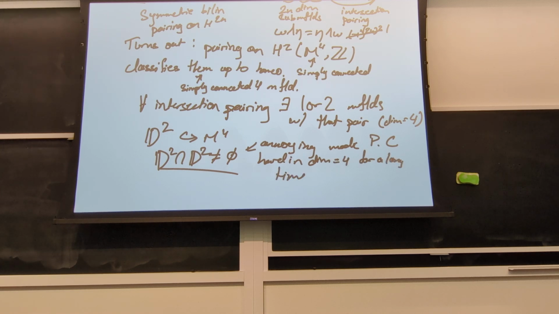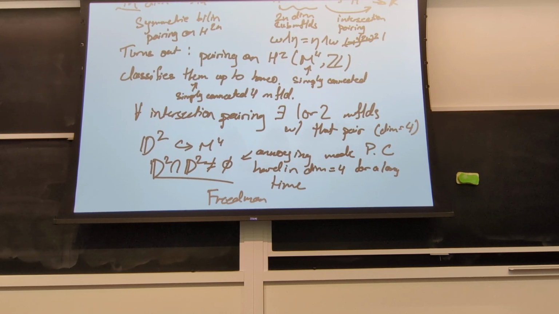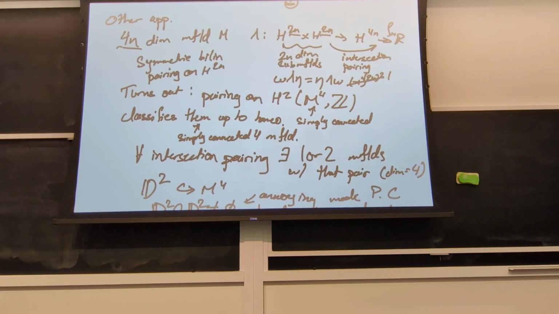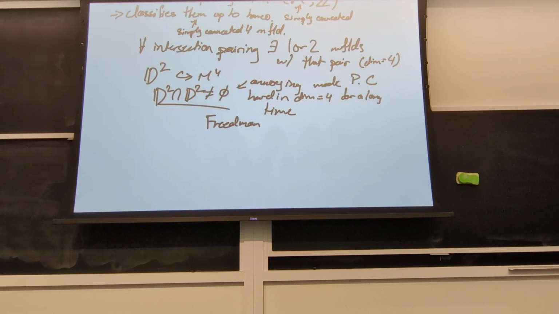The order in which the Poincare conjecture was proven was: dimensions 5 and higher first, then dimension 4, and then recently dimension 3. The way to fix this was done by Freedman, so this theorem is due to Freedman. And you have some later work, Donaldson.